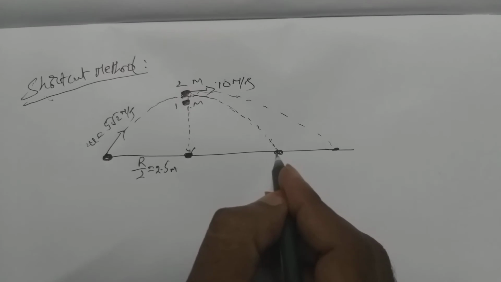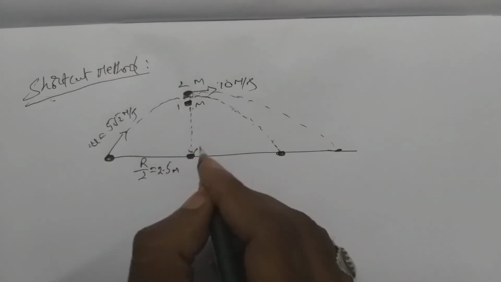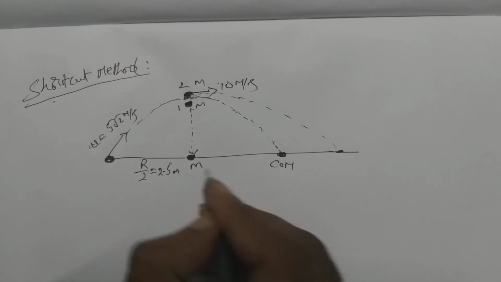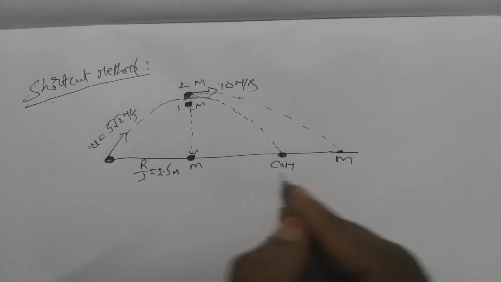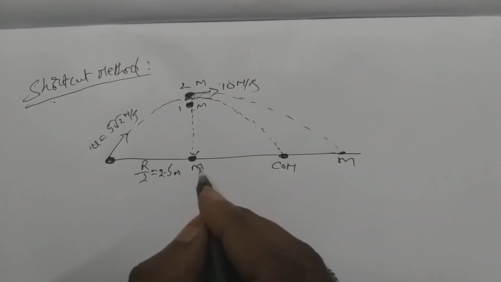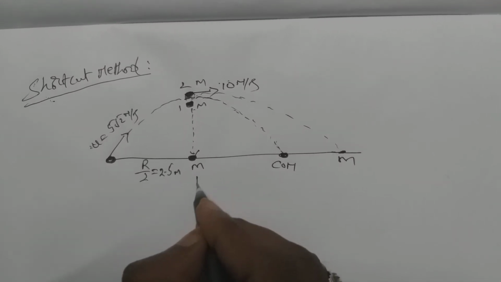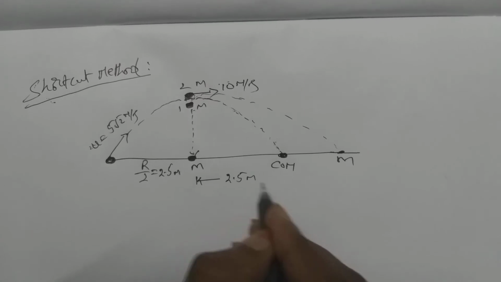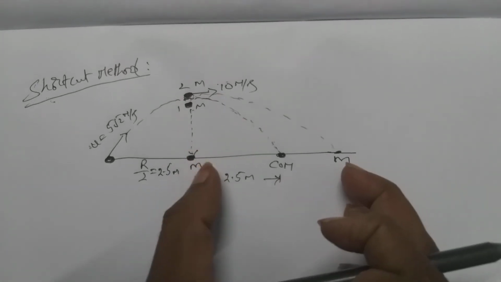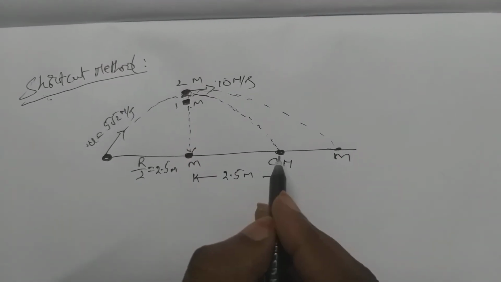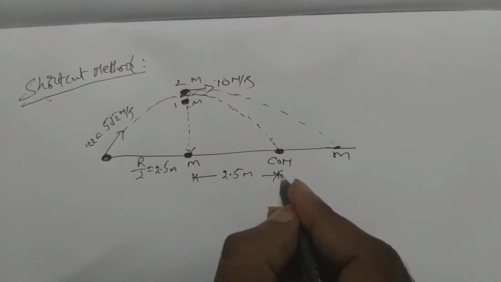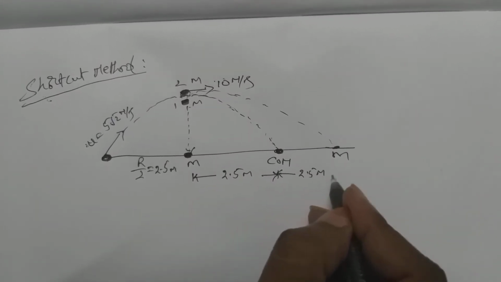So the center of mass of these two particle system is here, and this is m mass and this is also m mass, and we know this distance is also r by 2, which equals 2.5 meter. For two equal masses, the center of mass always lies at the midpoint, so this distance is also 2.5.